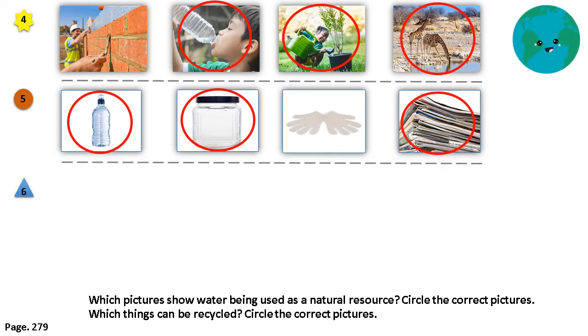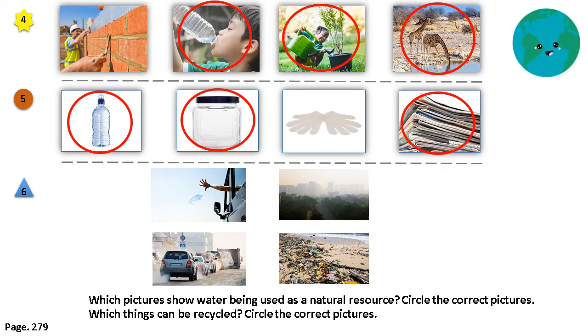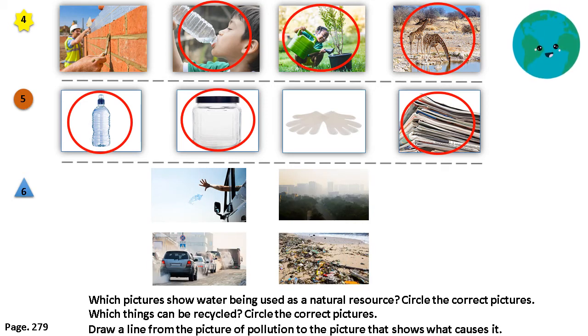And now for our last part, which is part 6. We have to draw a line from the picture of pollution to the picture that shows what causes it. Very good. Let's draw a line from the picture of someone throwing a bottle from a car window to the picture of a littered beach.